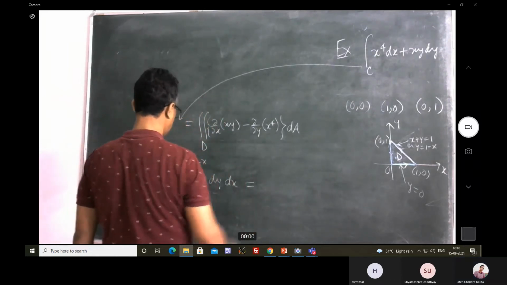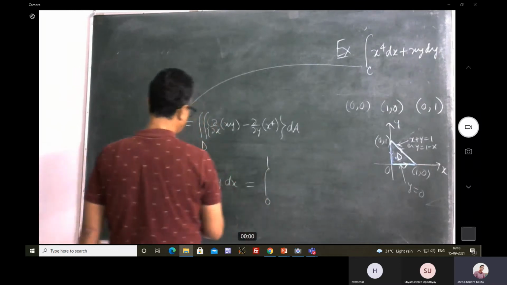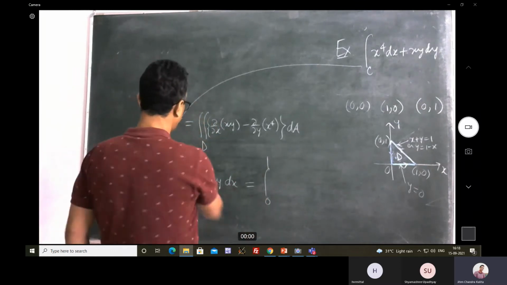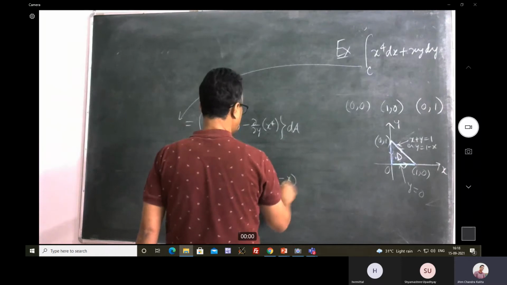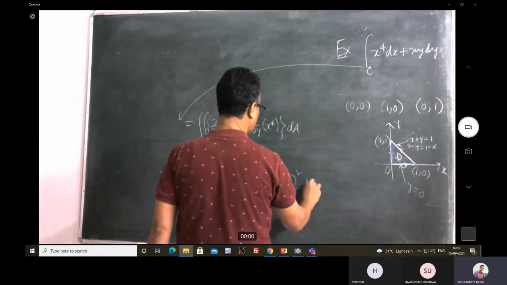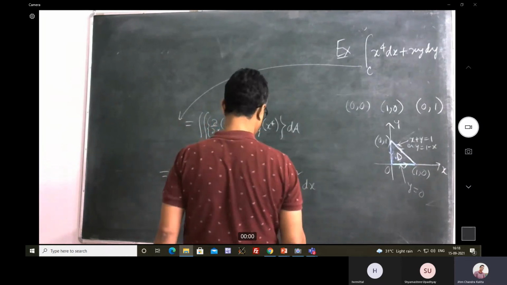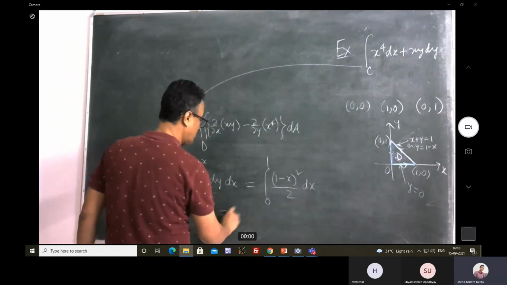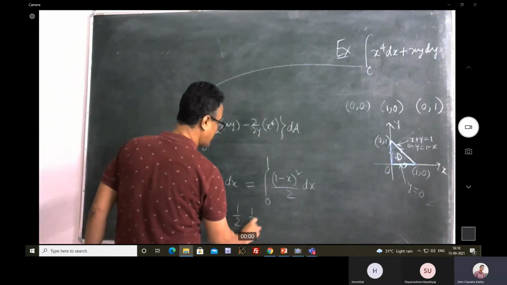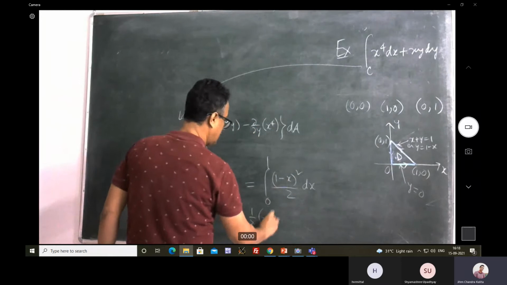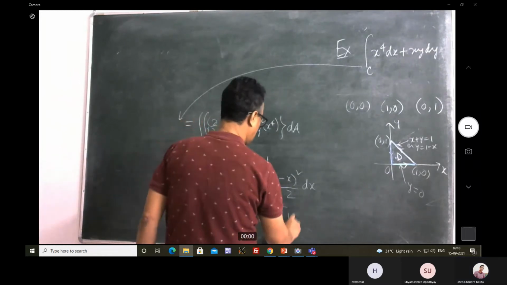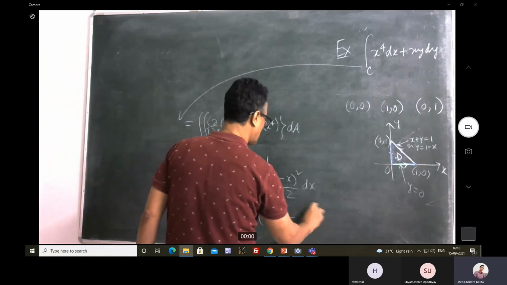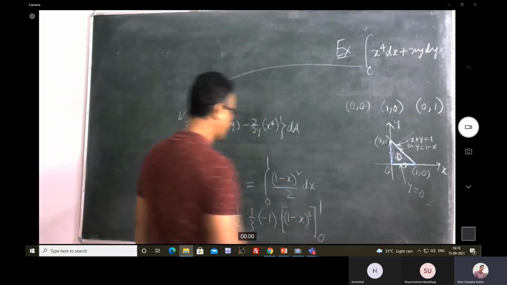The inner integral gives y squared by 2, so it is 1 minus x whole squared by 2 dx, and eventually 1 by 2 into 1 by 3 into minus 1, times 1 minus x whole cube from 0 to 1.